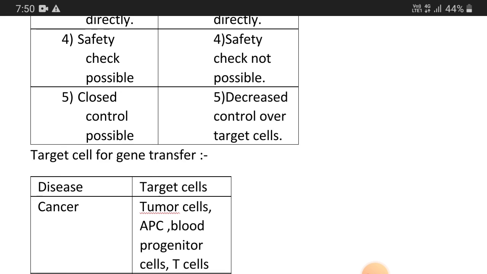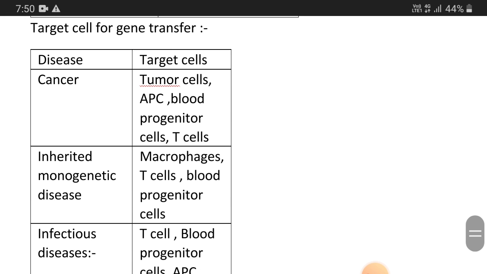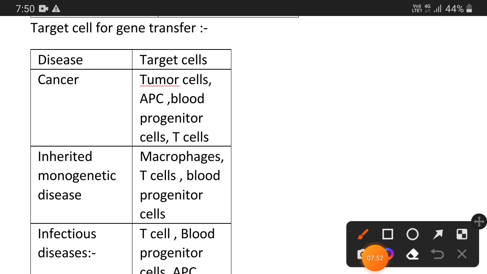Now as we are talking about target cells, it is necessary to understand, when doing in vivo gene therapy for curing a particular type of disease, what target cell we should choose. First of all, cancer.